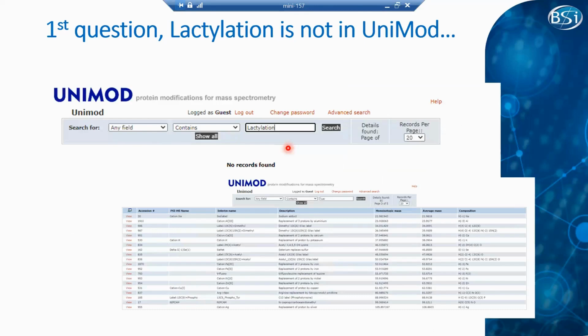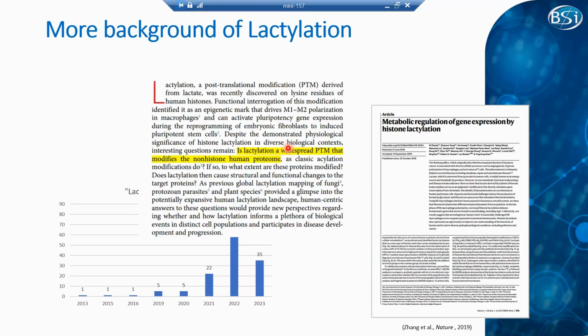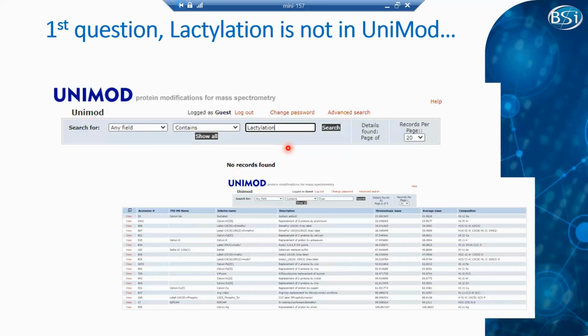So the example here will take one data set. When I get the data, the first thing I want to do is search to see how many PSMs we can find. But the interesting thing is that at first I found nothing. Why?